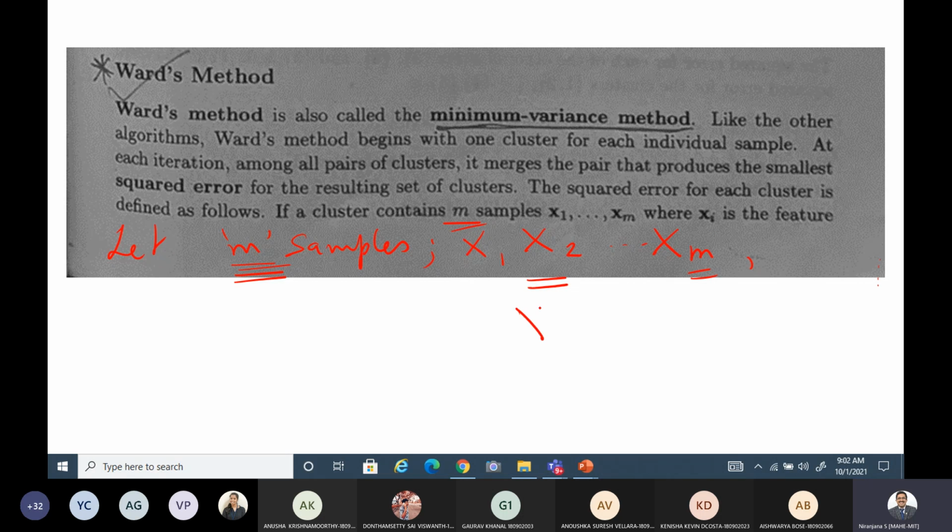One of them can be referred to as the ith sample. Even this sample will have d variables. So the xi sample variables you can indicate with xi1, xi2, having two suffixes, up to xid. So for the ith vector, the first feature is xi1, the ith vector's second feature is this, and so on. The last feature is this.